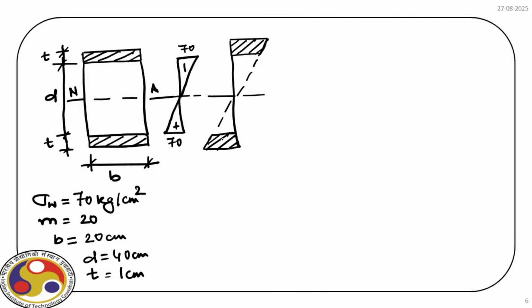Okay. Now, again for this problem, sigma S is M times sigma W, so 20 times 70, which is 1400 kg per centimeter square. So at this level the stress is 1400 kg per centimeter square.